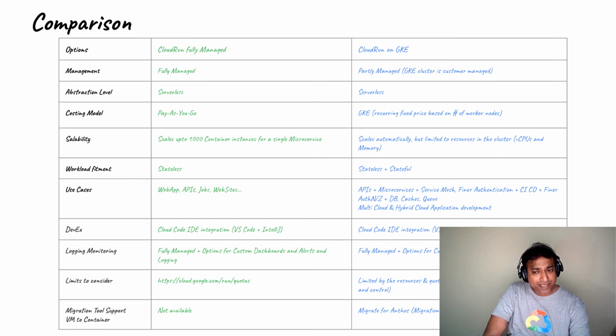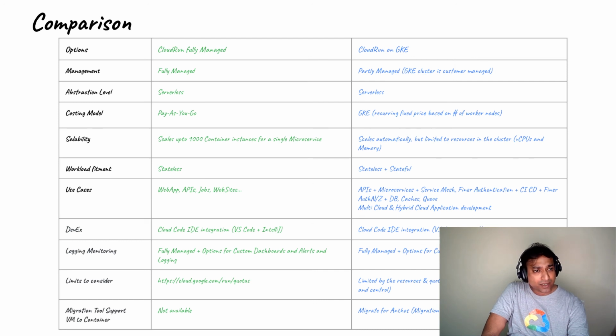Some of the use cases we talk about later, but the important thing to note on CloudRun on GKE is that a lot more tooling comes along with this solution, because it is bundled as part of the CloudRun Anthos solution, or Anthos licenses really. So it's a good fit for APIs, microservices, and service meshes. Right, so an Istio component is thrown into the Anthos service mesh.